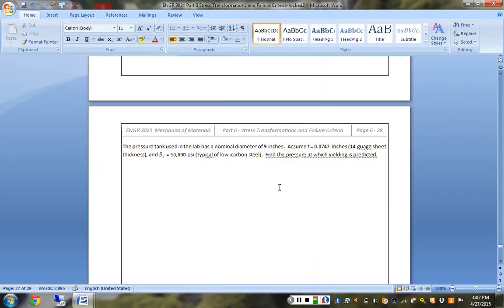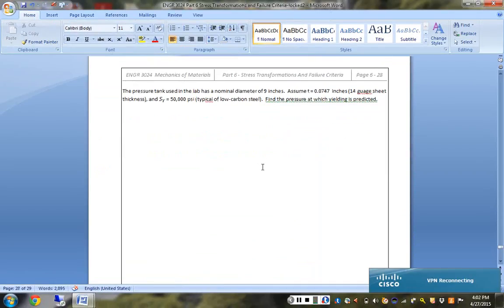It has a nominal diameter of 9 inches. And instead of with the lab, where we measured strain, calculated stresses, and then used those pressure vessel relationships to get a thickness, we're going to say, okay, we think or we know that it's 14 gauge steel, which has a thickness of 0.747. Let's look at it the other way. Let's say how much pressure can we put in it before we expect failure.